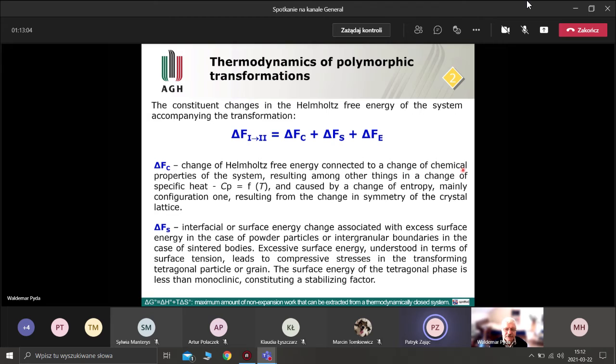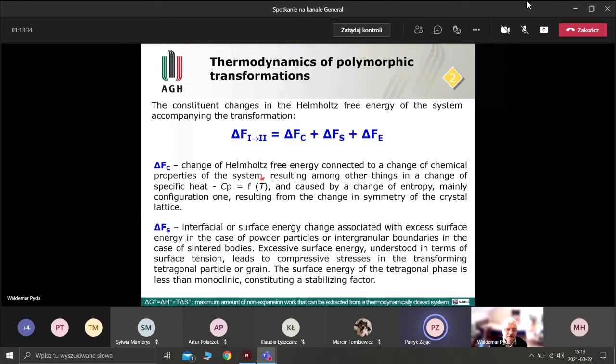How to change chemical properties of the system? Via changing the chemical composition, like adding a stabilizer, for example yttrium oxide. Yes, and this is the correct answer. A change of chemical properties means simply a change of chemical composition of the system.